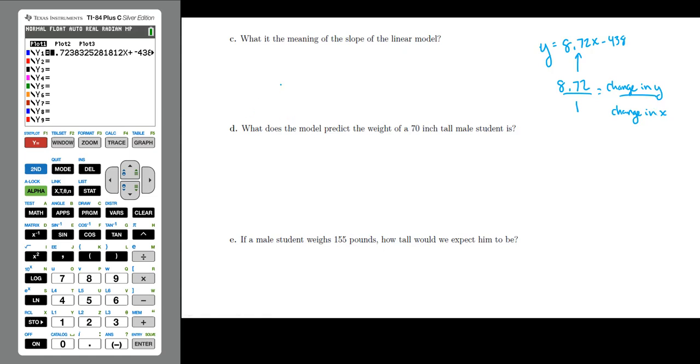So what I can literally say is that for each additional inch in height, that's the change in x part, we expect about an 8.72 pound increase in weight.